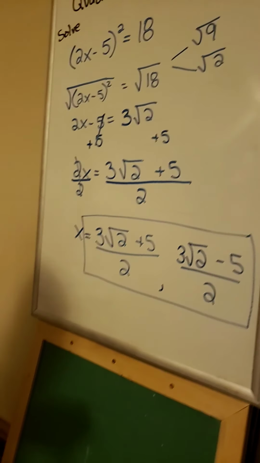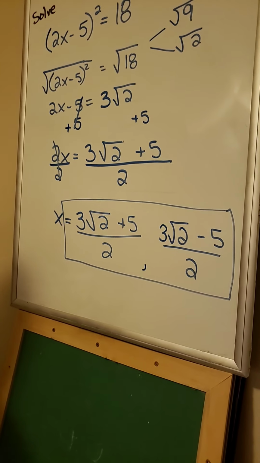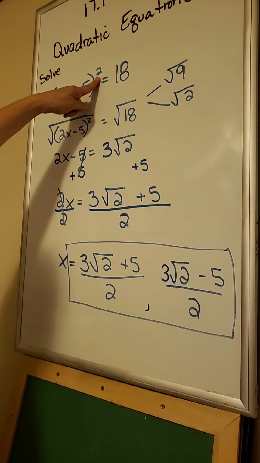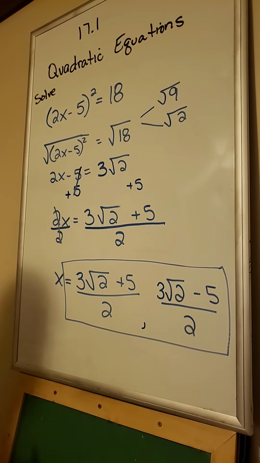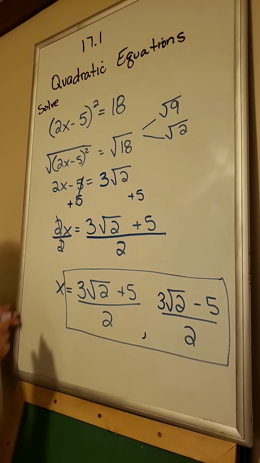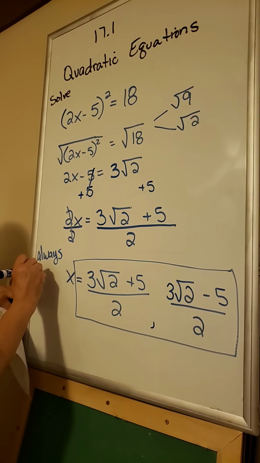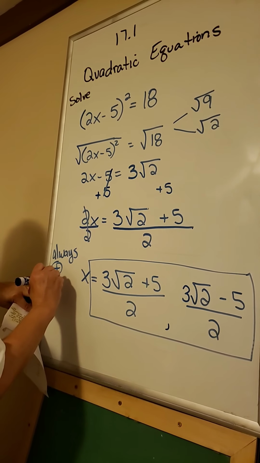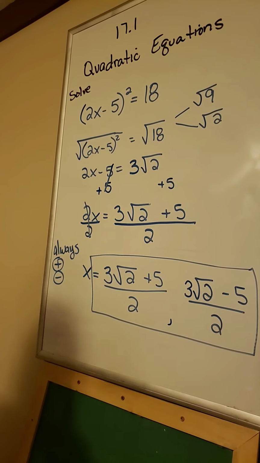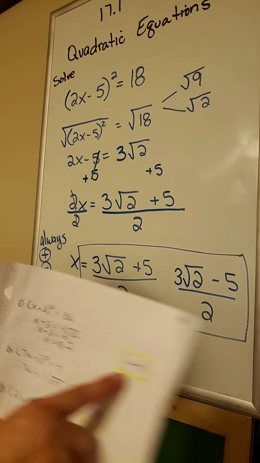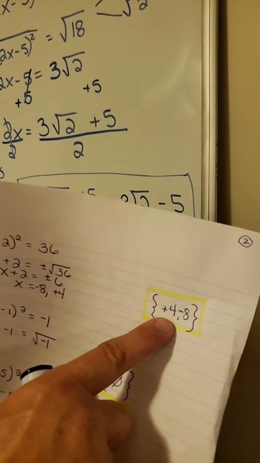So both of those are my answers. I have to remember, I have to have two answers because it's squared. And my two answers, I'm always going to have a positive answer and a negative answer. And typically, like on the other problems we did, it's just going to show up in your solution set.